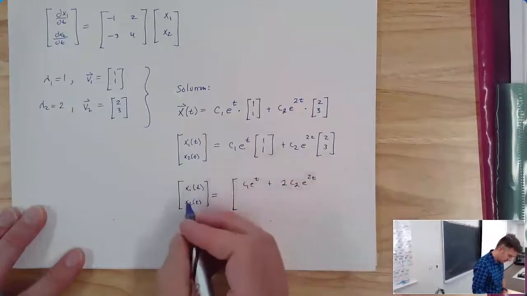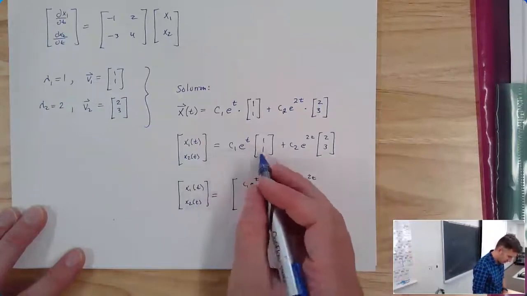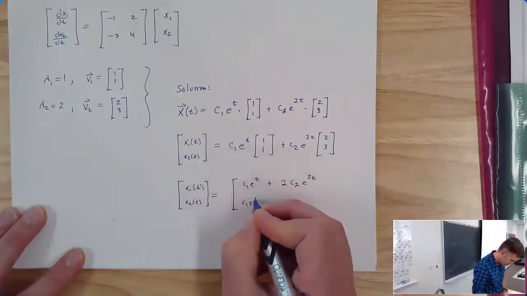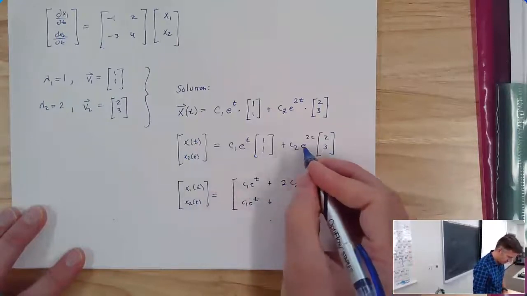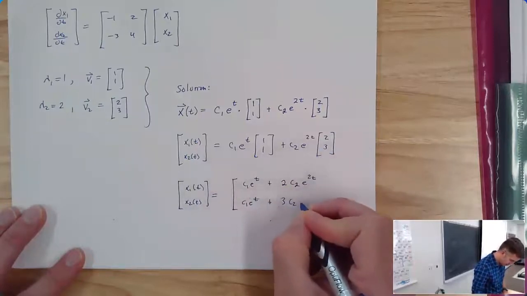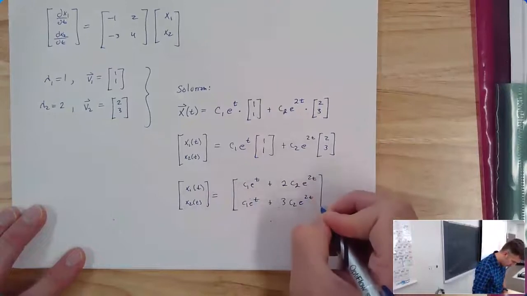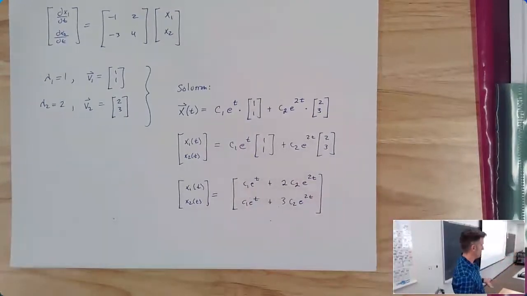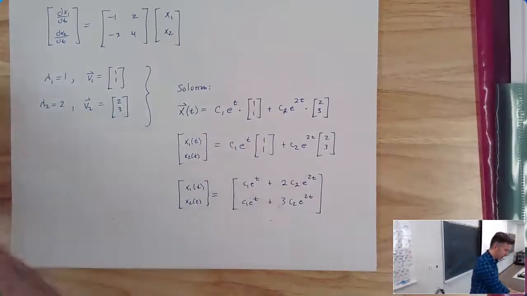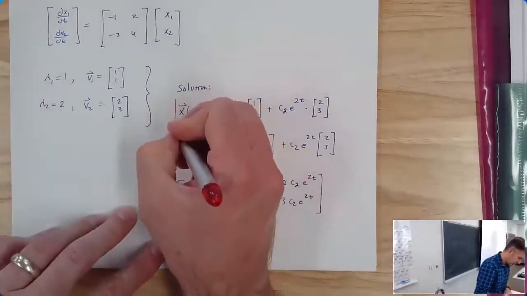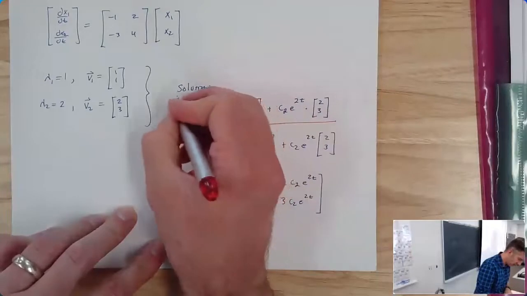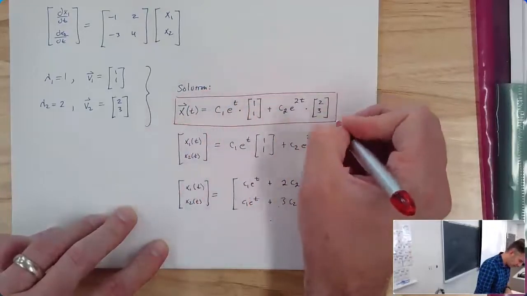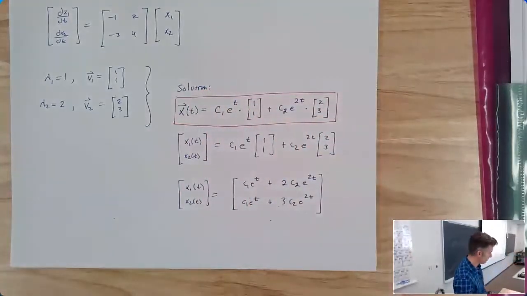And similarly, in the second row, c1 e to the t times 1 plus 3 times c2 times e to the 2t. Any one of these ways is a perfectly fine way of writing this. This is probably the way I would encourage you to do it if left to your own devices.